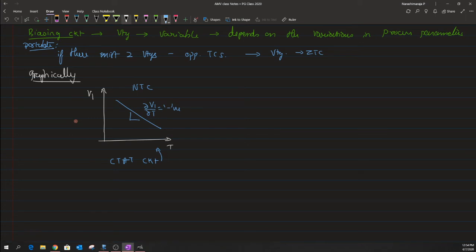Then the second voltage that we need in order to create a reference voltage should have an opposite transfer curve. Let me take the second voltage as V2, and when we map it with respect to temperature, that transfer function should exhibit this kind of curve, with a slope value, or the temperature coefficient, defined as dou V2 with respect to temperature, which will exhibit a positive value.